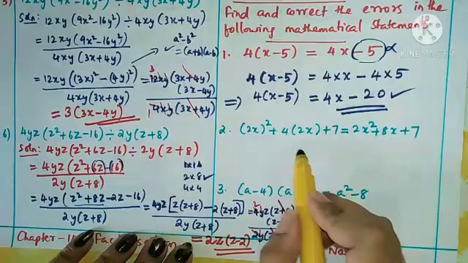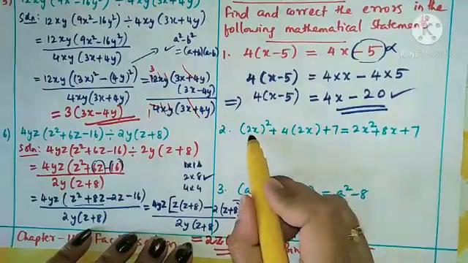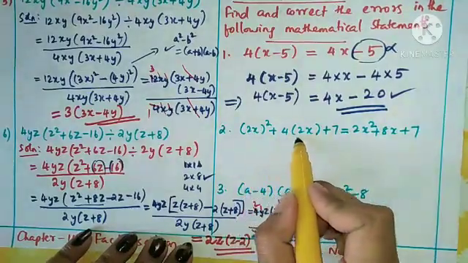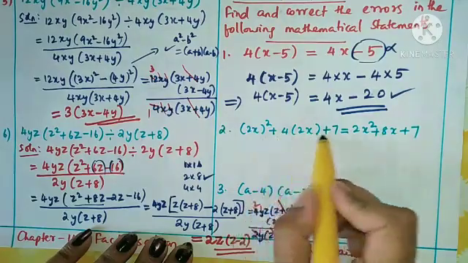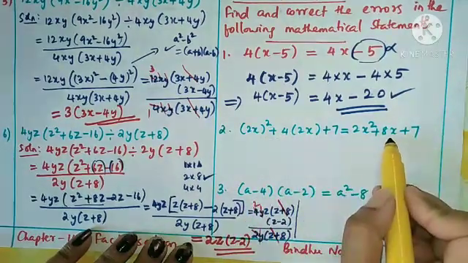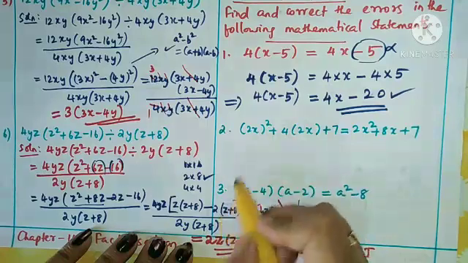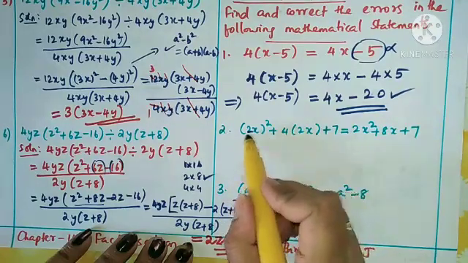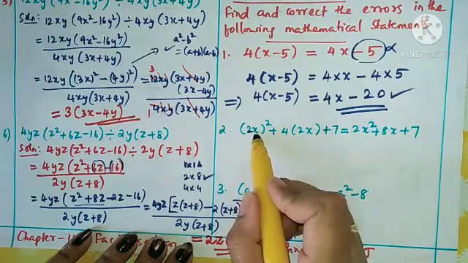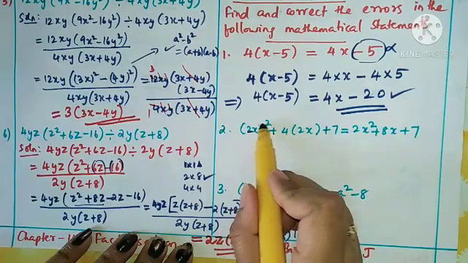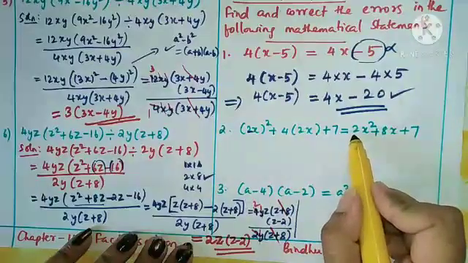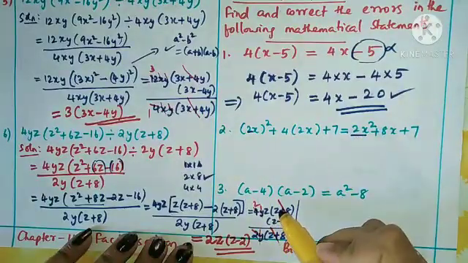Okay. Now come to this question. 2x the whole square plus 4 into 2x plus 7. The simplified form is given on the right side. So 2x the whole square means you want to square both 2 and x. So when you square 2, you will get 2 square is 4. But here you see on the right side, it is 2x square.